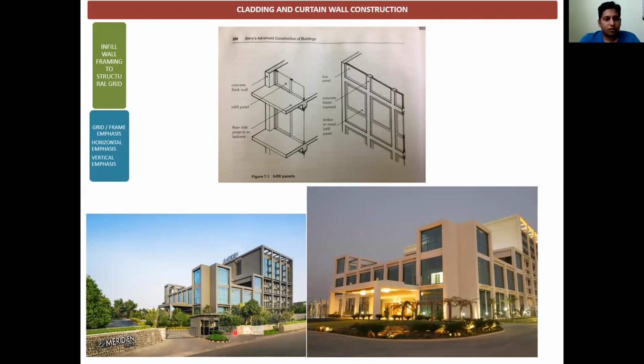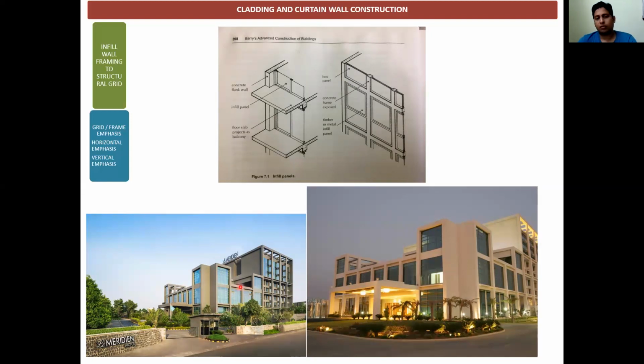Now, what is that horizontal emphasis and vertical emphasis? It is a type of technology where, if you observe properly in this particular project, this system is incorporated on the columns and the beams.